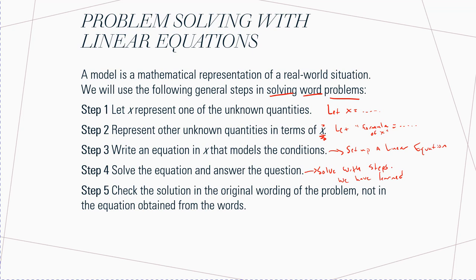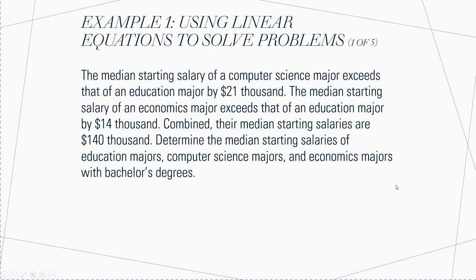And then next, you're going to check the solution in the original wording of the problem, not the equation obtained from the words. So this is just going to be a check: does my solution make sense? All right, so all I'm going to do here is work a bunch of examples.